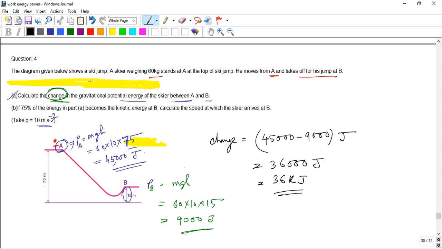That's the part 1 answer, 36 kilojoule, the change.